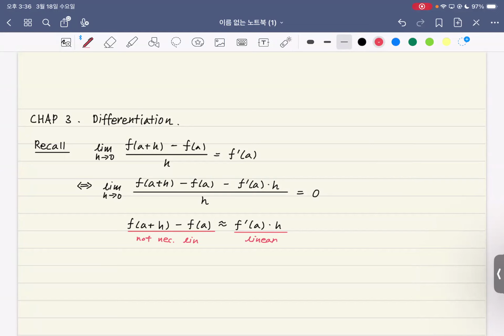I believe this gives us the idea why we should be focusing on differentiation. As I told you many times, being able to compute a function is usually very complicated, especially when your function is nonlinear.